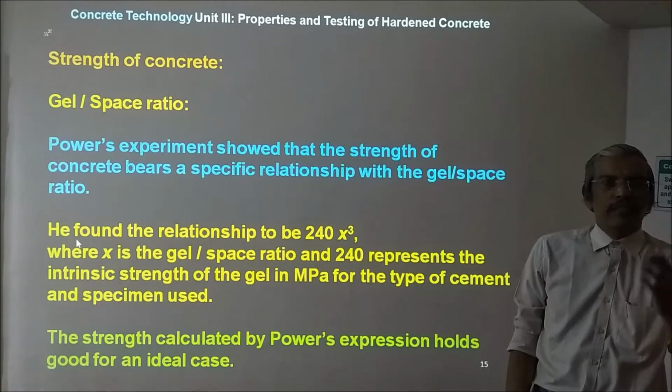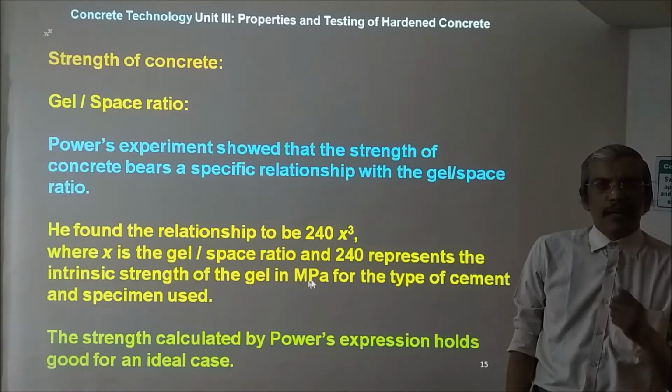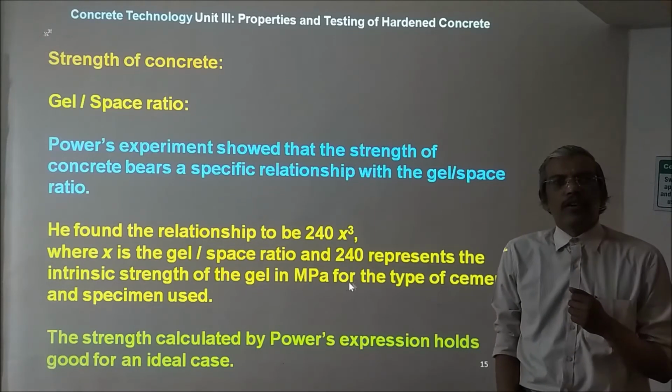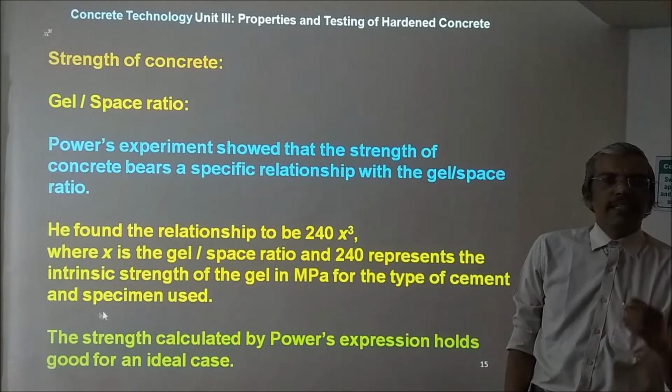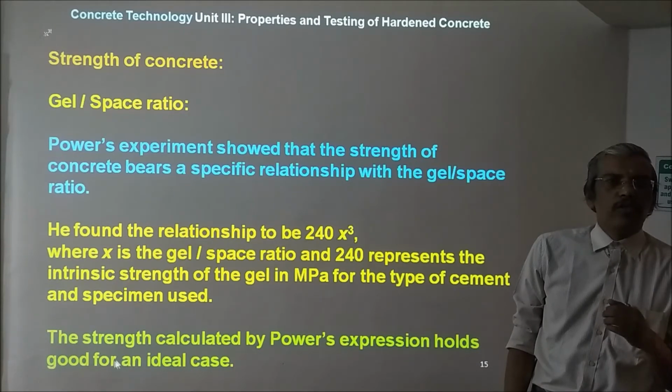Powers found out that the relationship is 240 x cube, where x is the gel space ratio and 240 represents the intrinsic strength of the gel in megapascal or Newton per millimeter square for the type of the cement and the specimen used. The strength calculated by the Powers expression holds good for an ideal case.